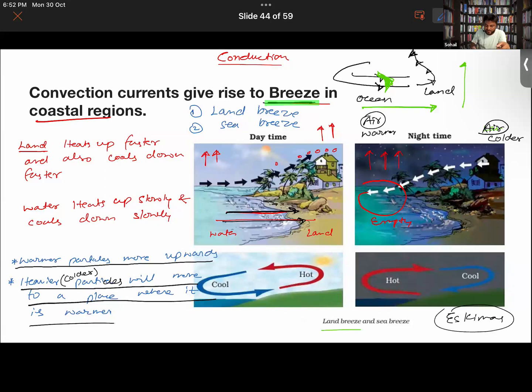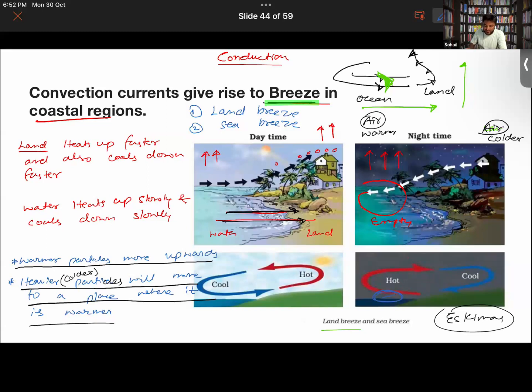If they are rising up, an empty space is being created over here. That empty space will be taken up by this cool air that is over here. So they will rush in to take this space. Thereby a cycle is created over here also. And in the case of night, wind is actually blowing from land towards the sea. Thereby it is called a land breeze.